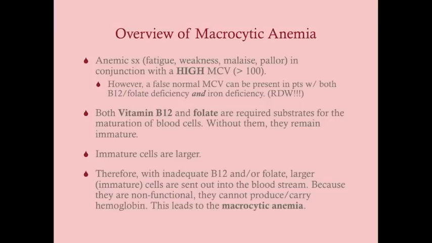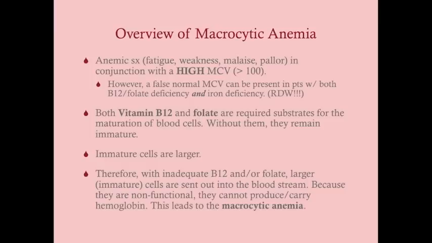Now, you can have a macrocytic type anemia. I'll just say that macrocytic anemias are caused by B12 and folate deficiency. You can have an anemia caused from B12 and folate deficiency with a normal MCV if it's happening in conjunction with iron deficiency, which remember is a cause of microcytic anemia.